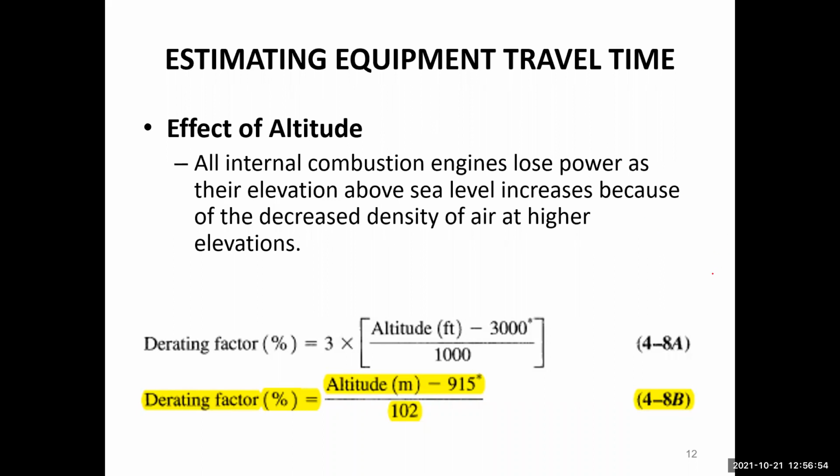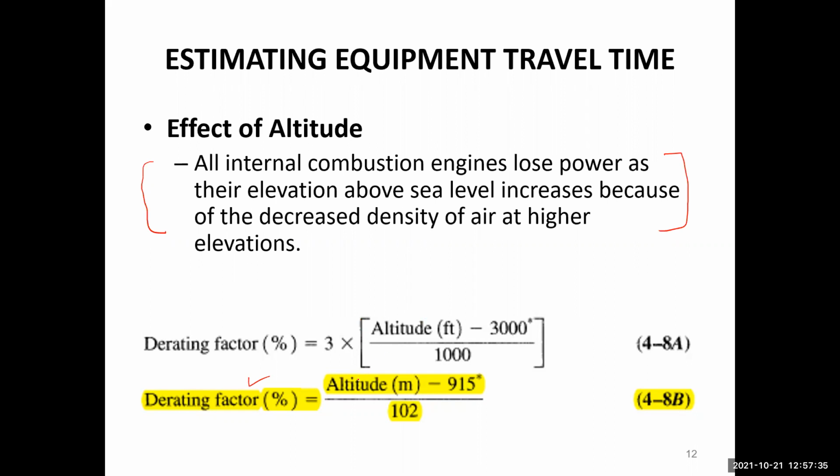So where we are very high above sea level, the performance of the engines will be less compared with areas at sea level. In those situations, we calculate the derating factor. Derating means a decrease in the rating of the engine in terms of percentage, that is, by how much percent the performance of the engine will decrease.